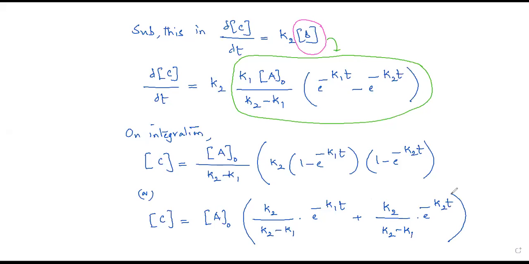Okay, so this is what we get on integrating the dC by dt expression. This is all about the sequential or consecutive reaction.